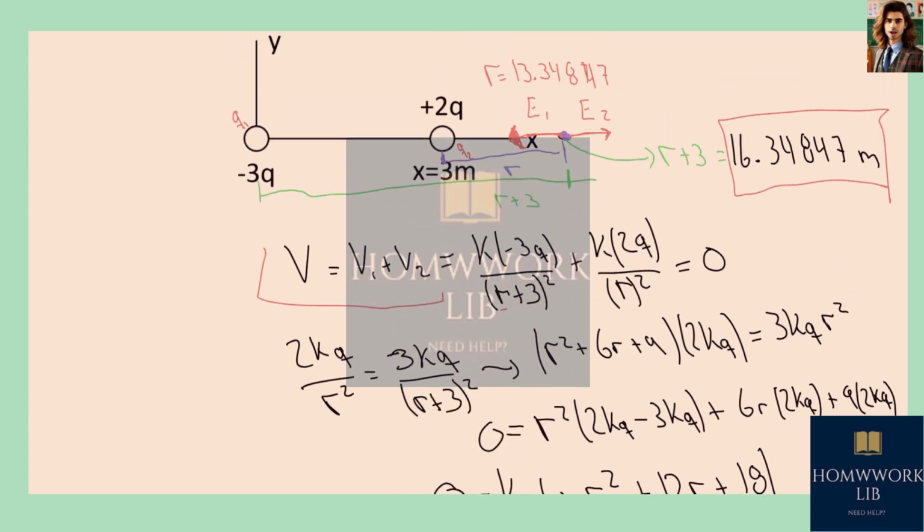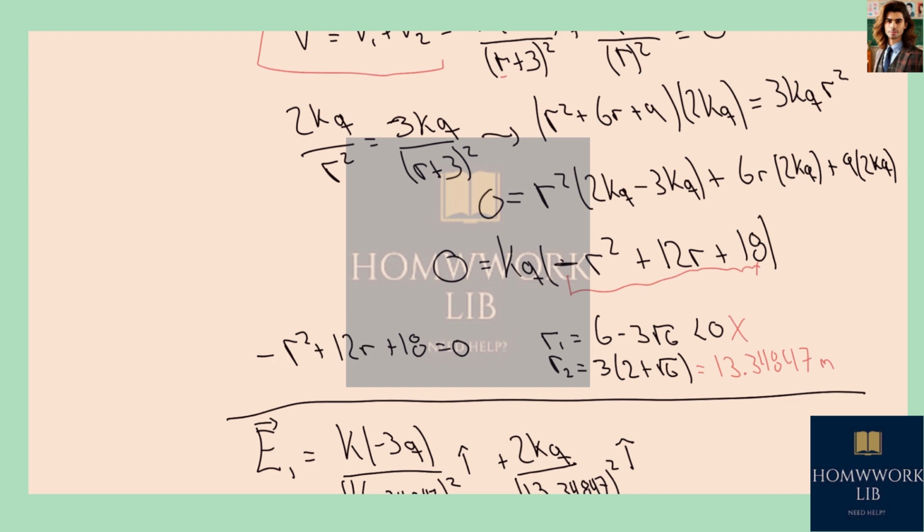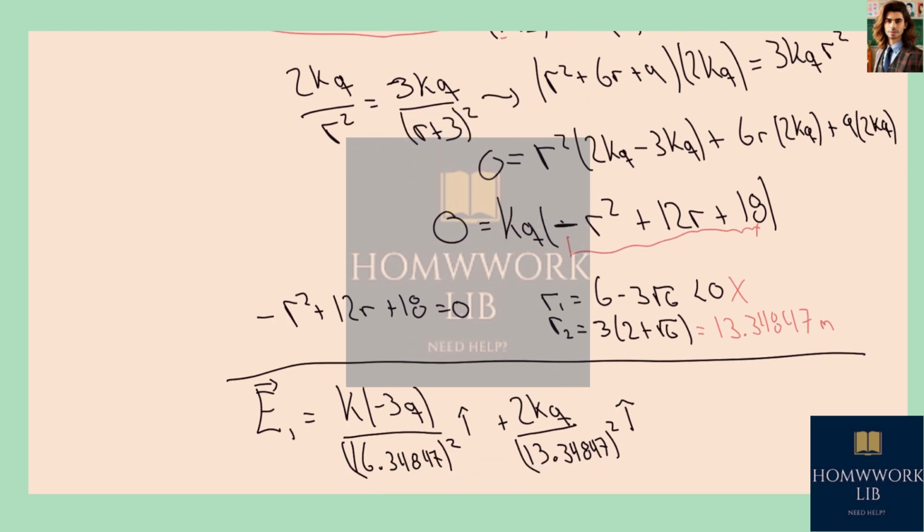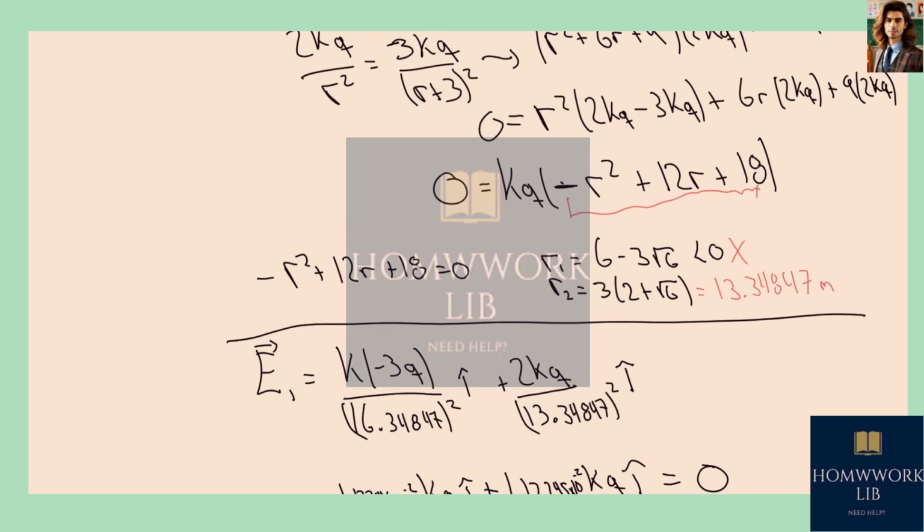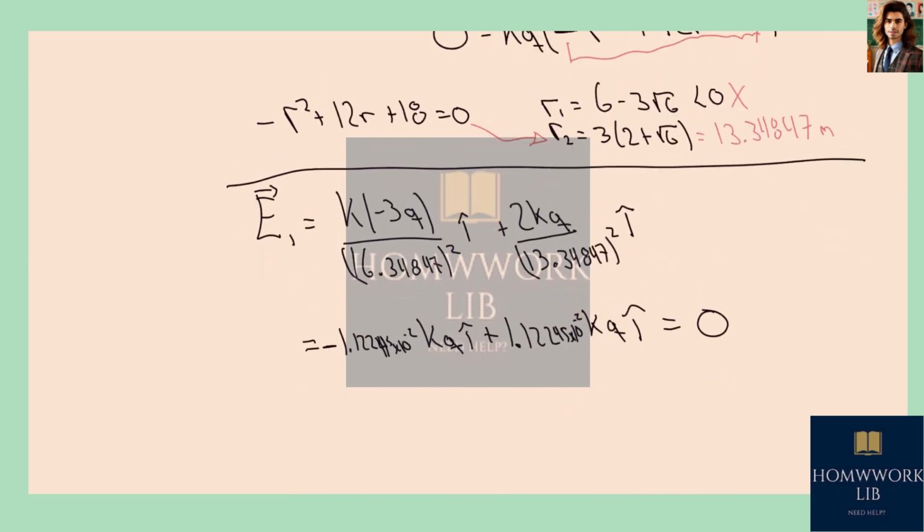We noticed that the distance between charge 1 and the hypothetical point was r plus 3, and between charge 2 and the hypothetical point, we labeled it as r directly. Solving the equation, we got two results. One was negative, the other one positive. We keep the positive result because that is the one that has physical meaning. And we verified with the electric field that the direction is correct.